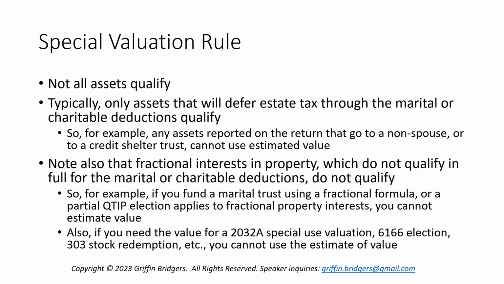So if there's any other tax code provision that relies on the estate tax value as finally determined, you don't get the benefit of this estimate of value, even if those assets may not directly lead to one of these types of elections, but affect the value of the gross estate for purposes of determining those types of elections.